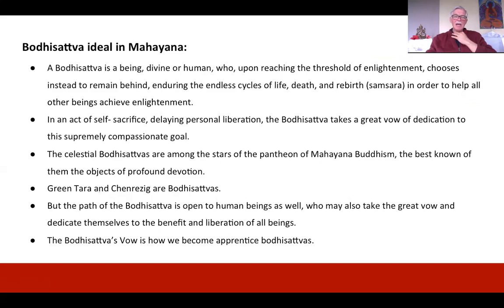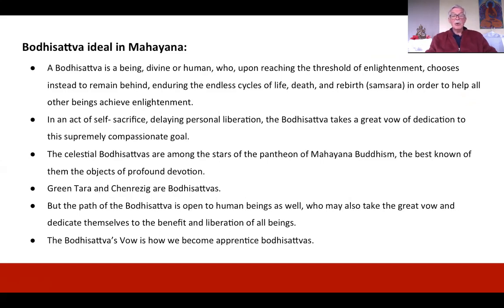They stay behind through endless cycles of life, death, and rebirth in order to help all other beings achieve enlightenment. This act of self-sacrifice, delaying the personal liberation, the Bodhisattva takes a great vow of dedication to this supremely compassionate ideal. It takes the Bodhisattva's vow, which happens over and over and over again, and which some of you have taken the Bodhisattva's vow.